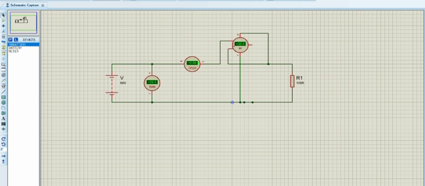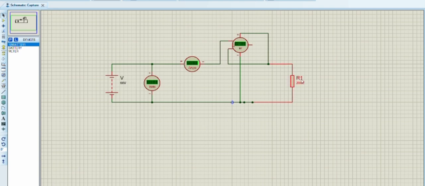The next one we will use 200 ohm. After that we run the program, and then we can see the answer in the meters: 60 volt, the ammeter, and also the wattmeter.